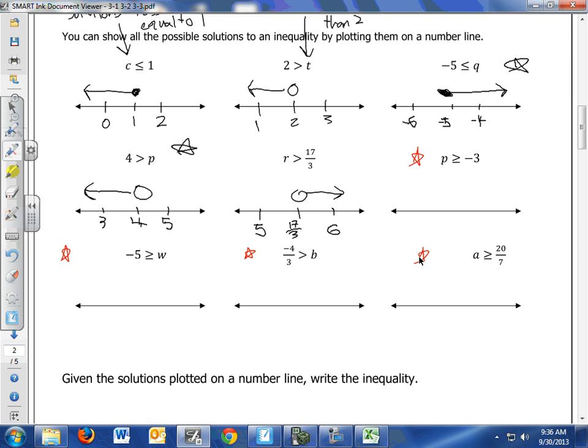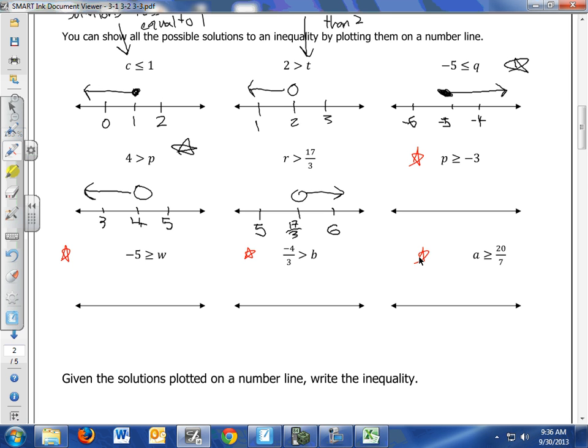Good. That should be a -2, right? Check your number line here. -4/3. -1.3. This is -4/3.